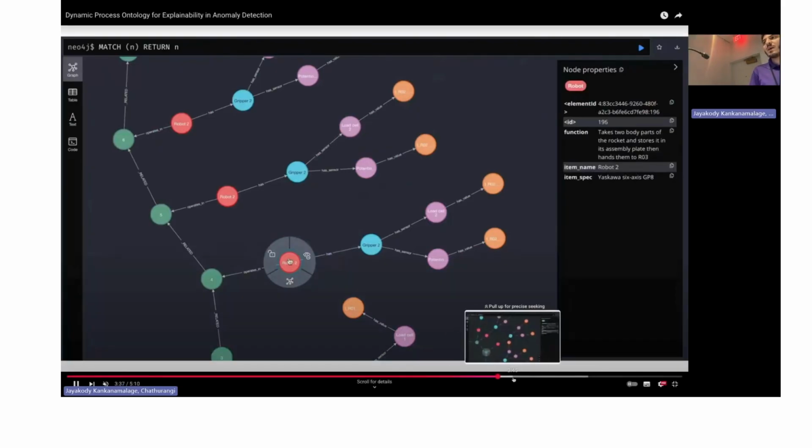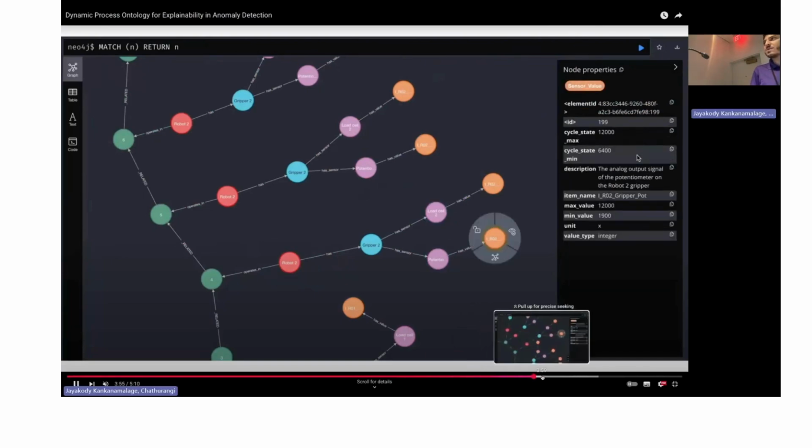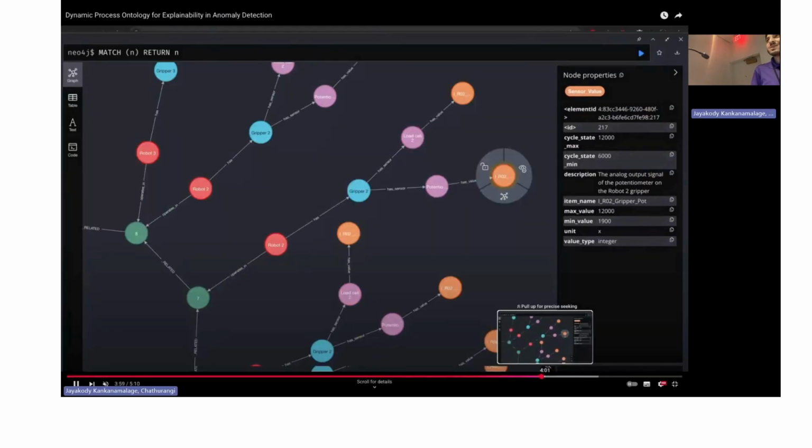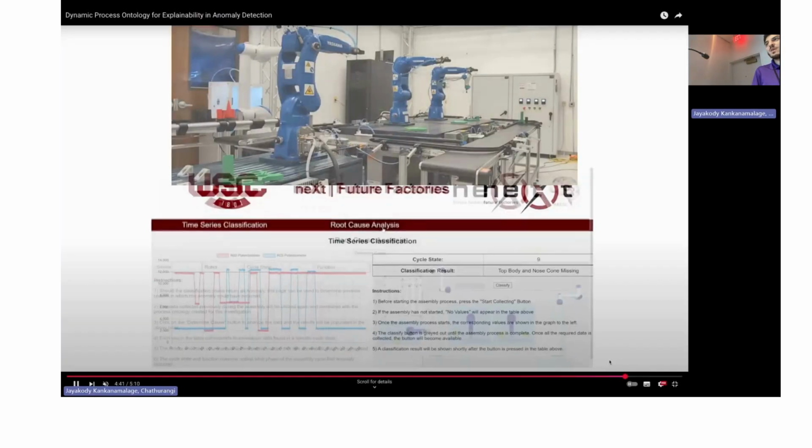And based off of that, we iterate through all the time series data. And this is just giving us some more information about what's in our ontology itself. I'll skip through here. And this is how the final ontology looked.